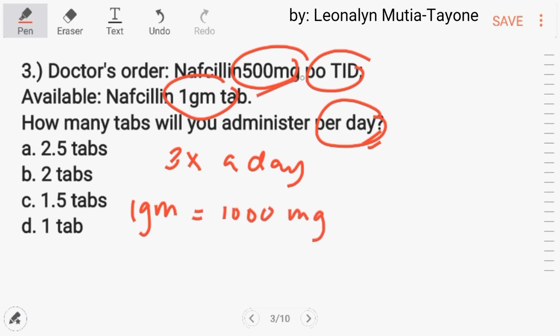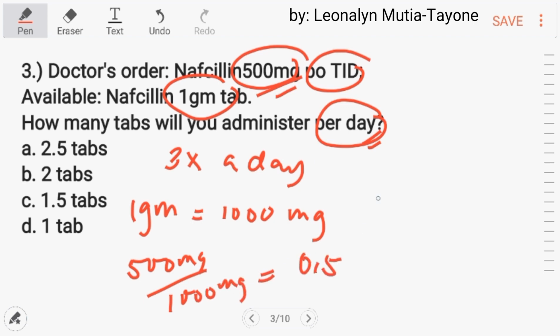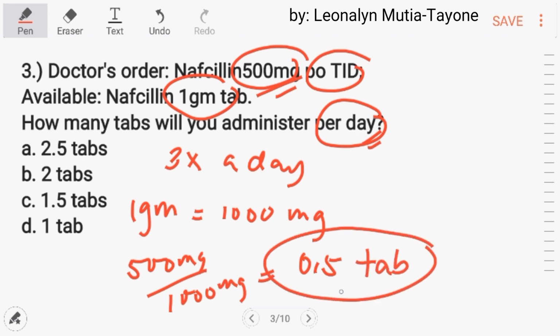You only have to give 500 milligram, and that is 500 milligram divided by 1,000 milligram, and you have 0.5 tablet. In each dose, you have to give 0.5. So 3 times a day, 0.5 times 3, and you will have 1.5 tablets. The answer is letter C.